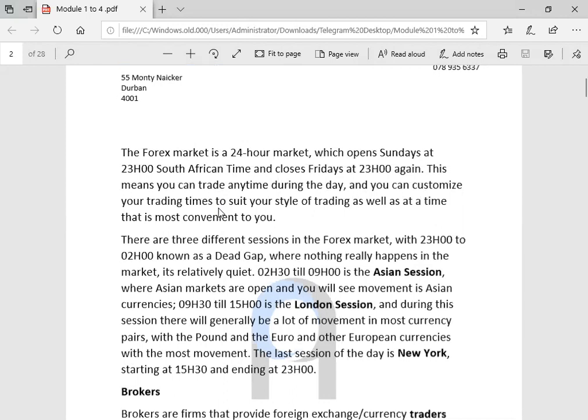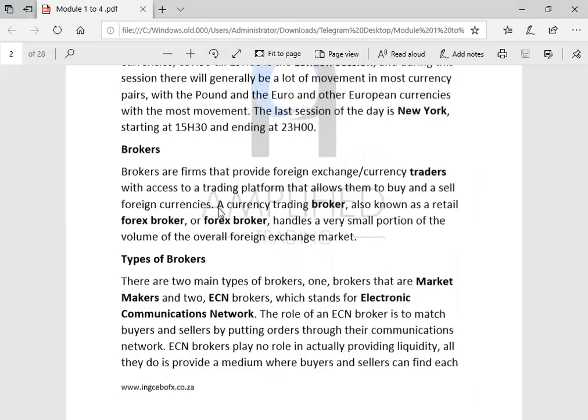Now, brokers are firms that provide foreign exchange currency traders access to the market through a trading platform. It's called MetaTrader 4 generally. There's different platforms out there, but generally traders will go with MT4, and there's a newer updated version called MetaTrader 5, which is not catching on as it should, but it has some really nice features.